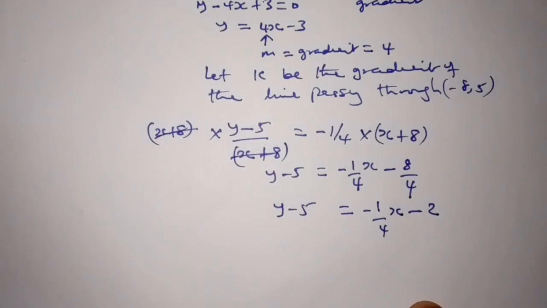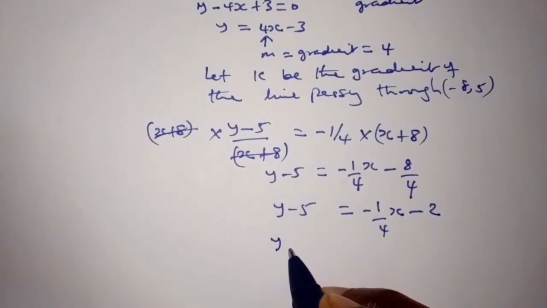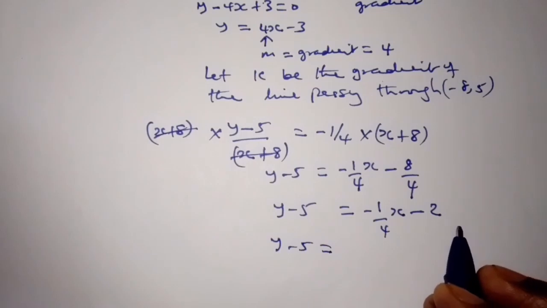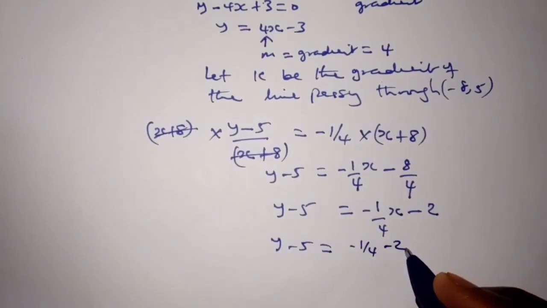So we want to find the equation of the line that is passing through negative 8 and 5. So what is this equation? Y minus 5 is equal to negative 1 over 4 x minus 2.